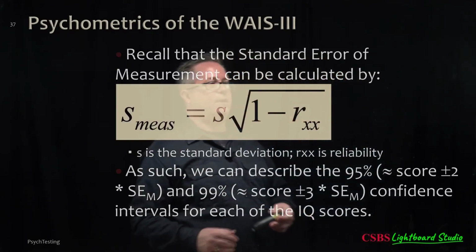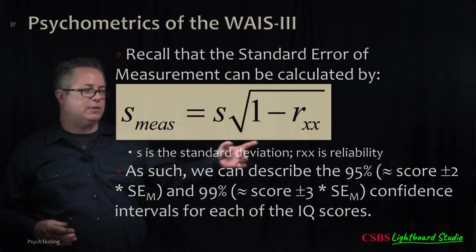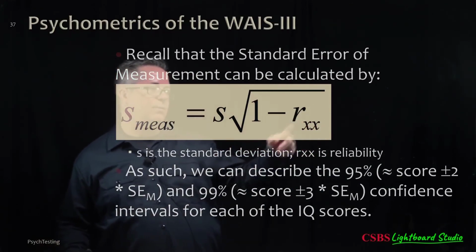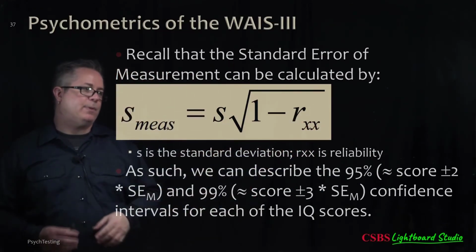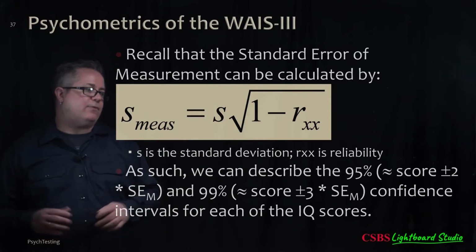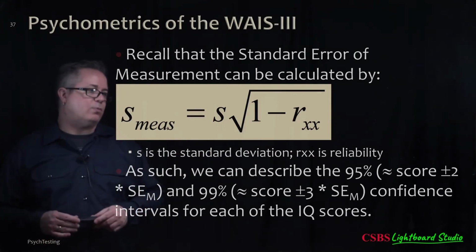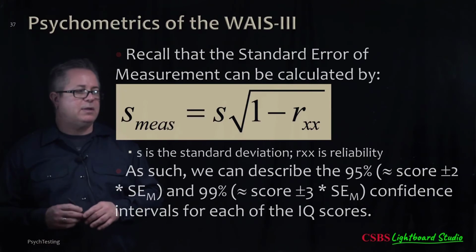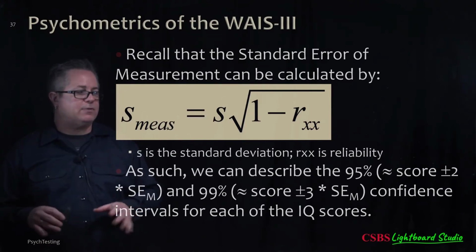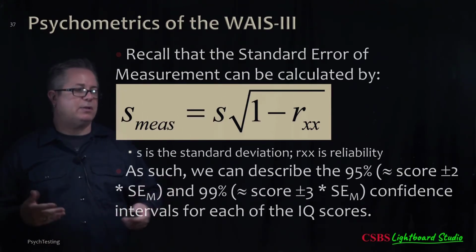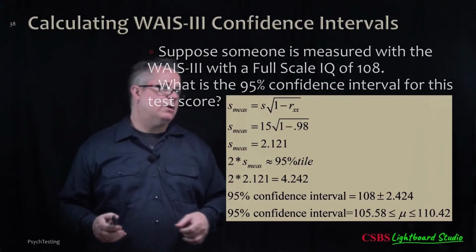Recall the standard error of measurement can be calculated as the standard deviation times the square root of 1 minus the reliability. As such, we can describe the 95% confidence interval, a score plus or minus 2 standard errors of measurement, and the 99% confidence intervals for each of those IQ scores. We can use this to take a guess at what that might look like.